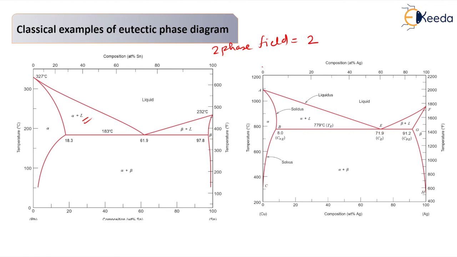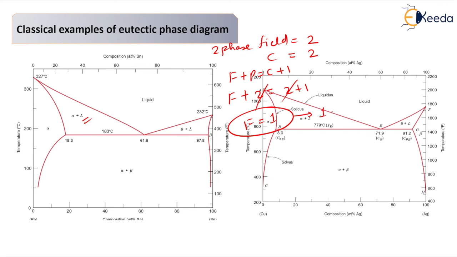Two phases are there. How many components? Lead and tin, two components. And apply the phase rule, F plus P is equal to C plus 1. So F plus 2 is equal to 2 plus 1. So 2 gets cancelled. F is equal to 1. So the degree of freedom is 1, isn't it?